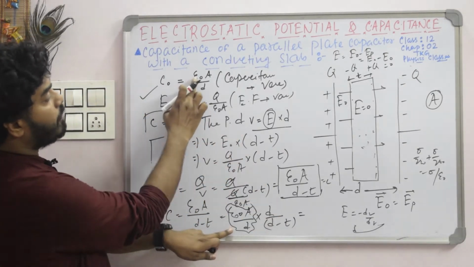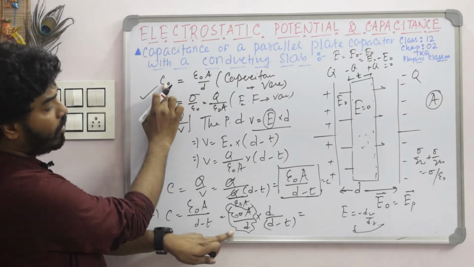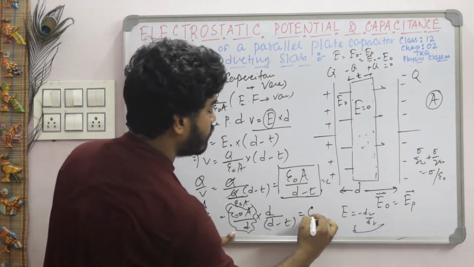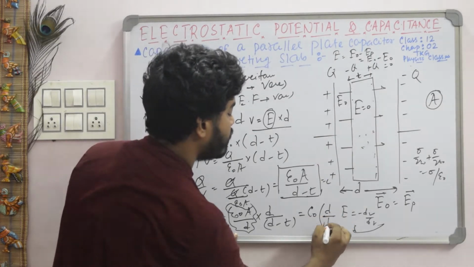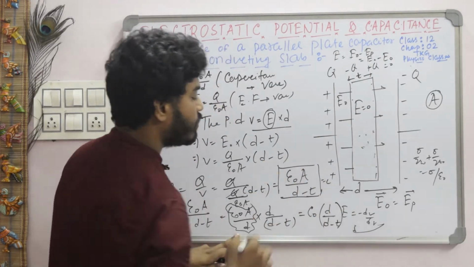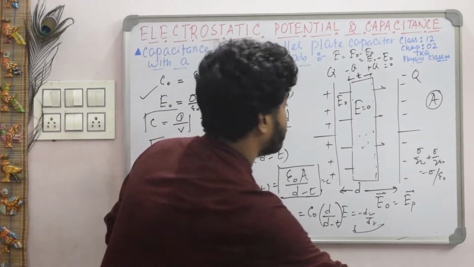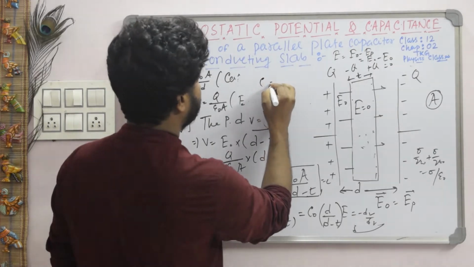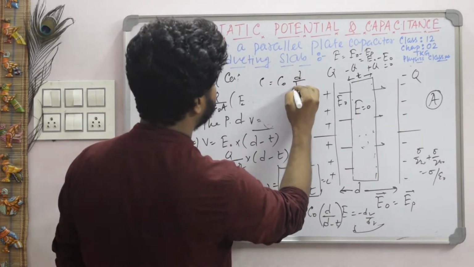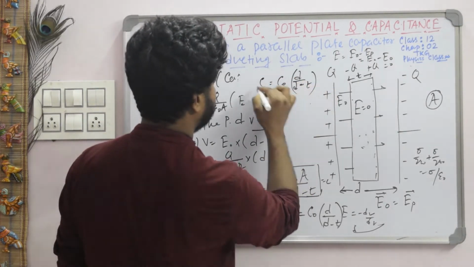This one, epsilon naught A by d, that is C naught. So C naught multiplied by d upon (d minus t). So this is another expression. Okay, write it down here: C is equal to C naught d divided by (d minus t).